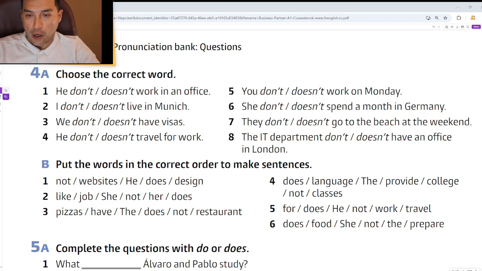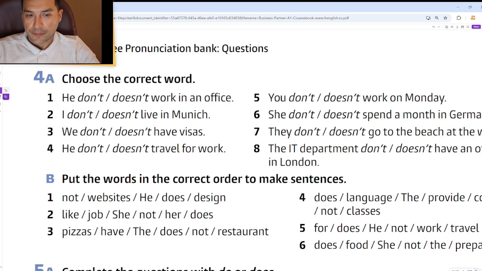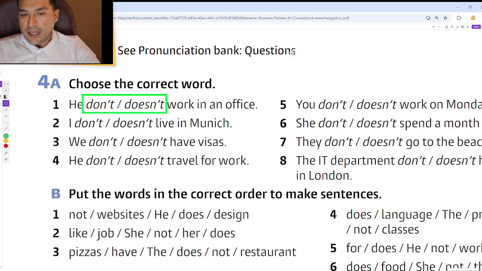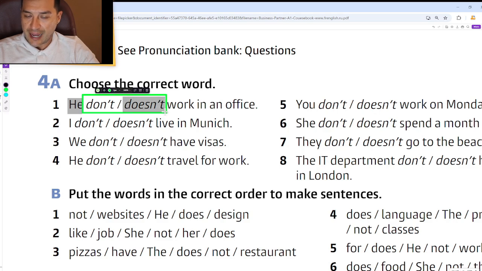Okay, exercise 4. Choose the correct word. Don't or doesn't. He don't work in an office or he doesn't work in an office. He, we use does, doesn't. He doesn't work in an office.